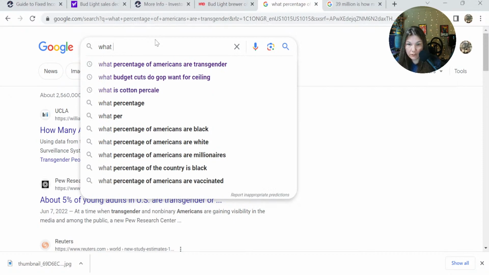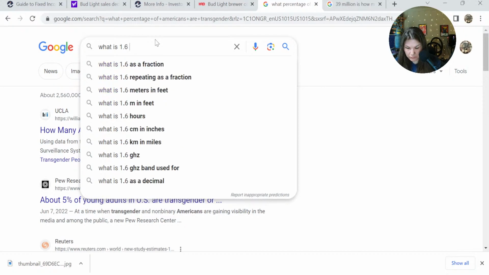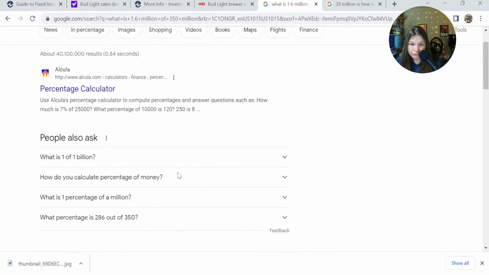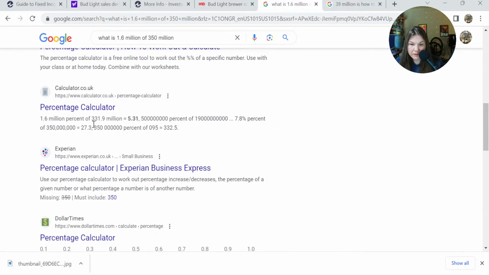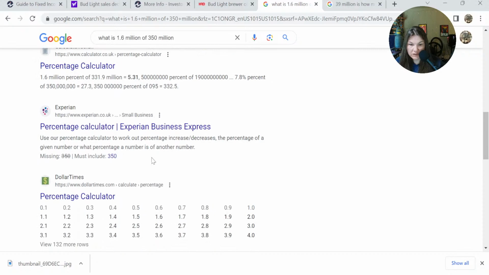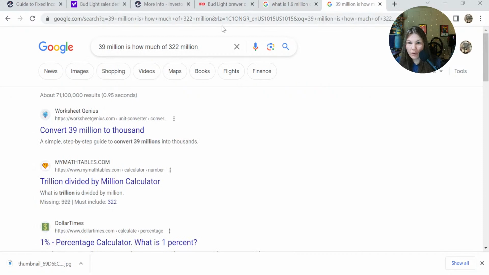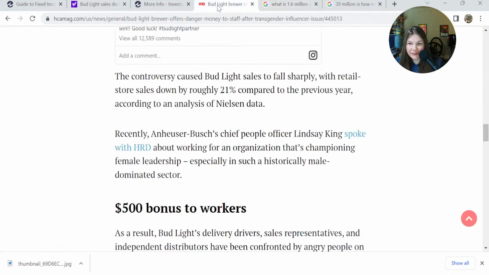What is 1.6 million of 350 million? Why can't my calculator just do it? It's 0.5. It's less than 1%, guys. It's less than 1%. So 1% are alcoholics, and less than that amount of people are transgender.